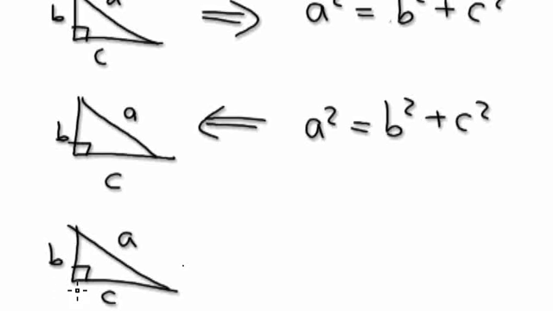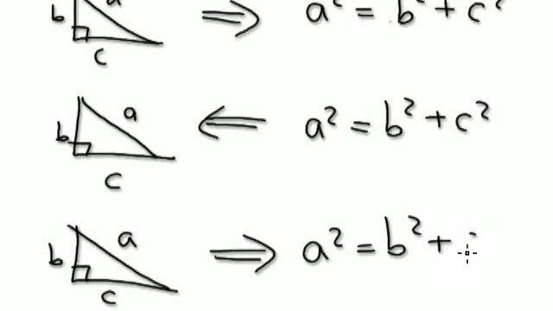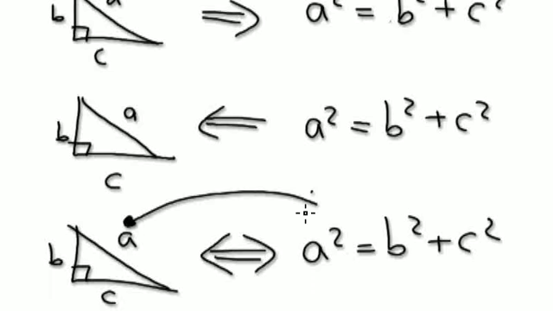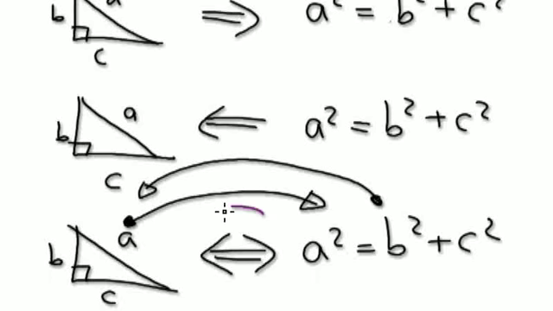Now if it's a right angle triangle, then it would imply this: a squared equals b squared plus c squared. If it's true the other way, you can do this two-headed arrow. So basically, if it's a right angle triangle, it implies this. Now, if it's this, then it also implies it's a right angle triangle. So you do see this symbol quite a lot.